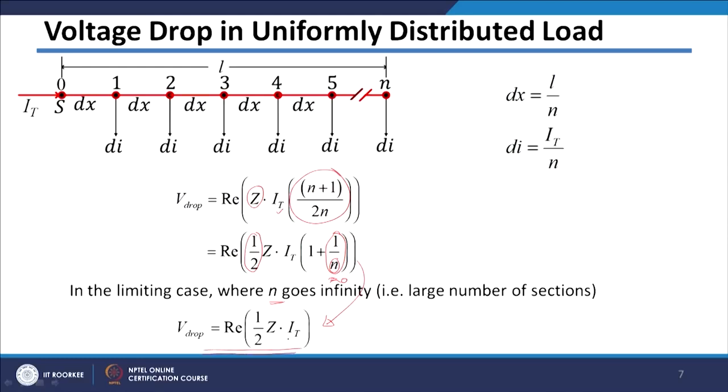Now, the main aim of this exercise is to lump the load at, say, one location on the feeder, because as I told you, since the load is distributed, you cannot model each and every load. So, we need to lump this load at some location.